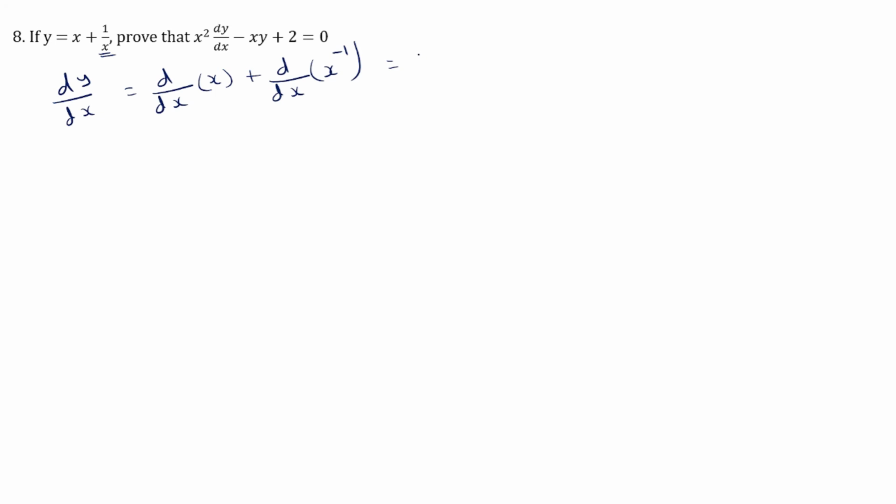Now d by dx of x is 1 and d by dx of x raised to minus 1 is minus 1 into x raised to minus 1 minus 1. So it is 1 minus x raised to minus 2, which is 1 minus 1 by x square.